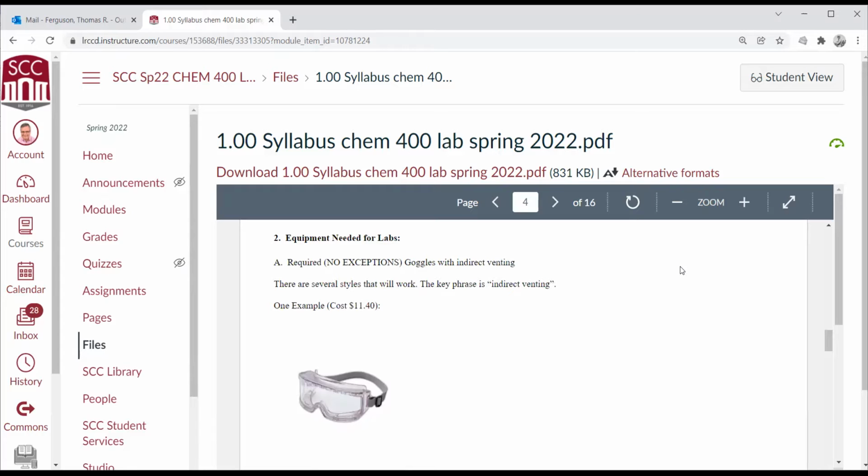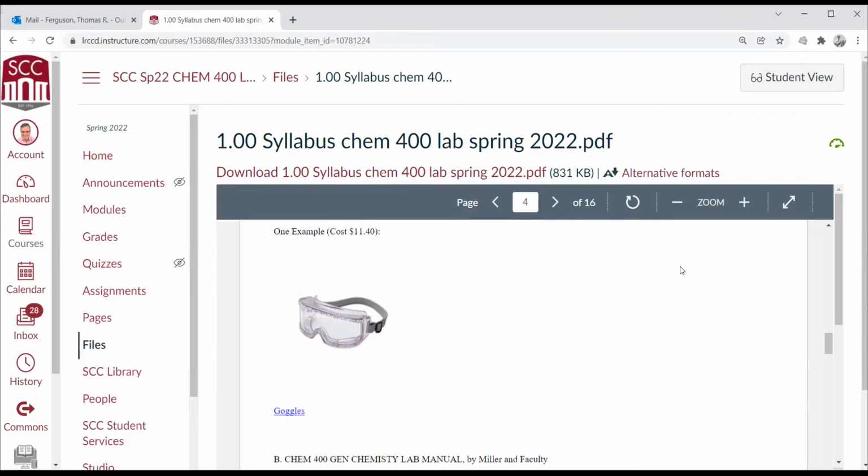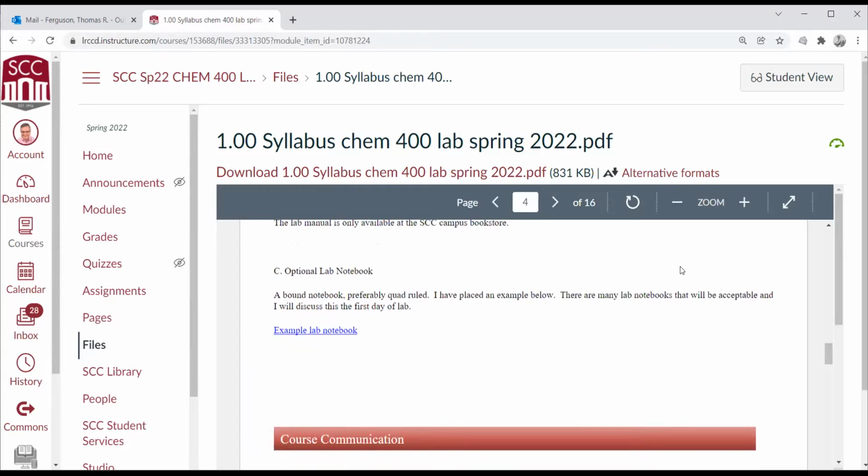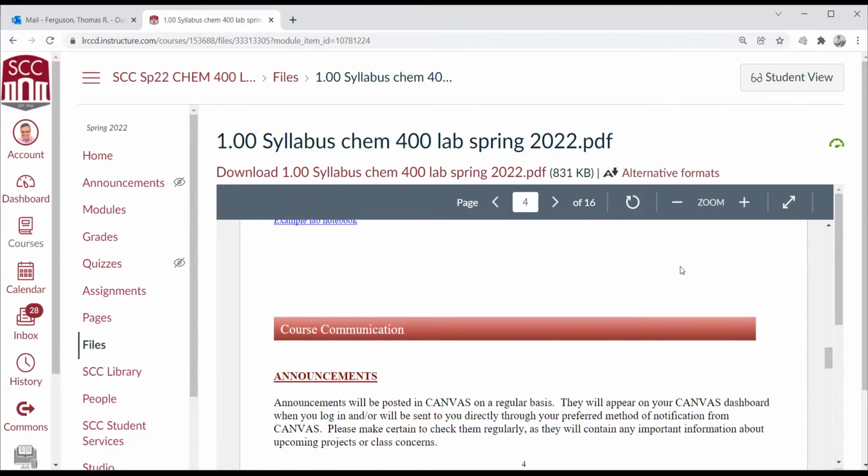You have to have goggles, and they have to be splash proof or indirect venting. Here's the lab manual, also required. And I've listed an optional lab book, and that's just a concise place to put notes and stuff like that, and that's optional.